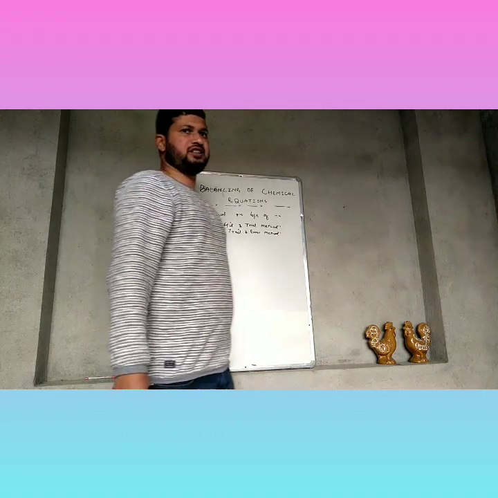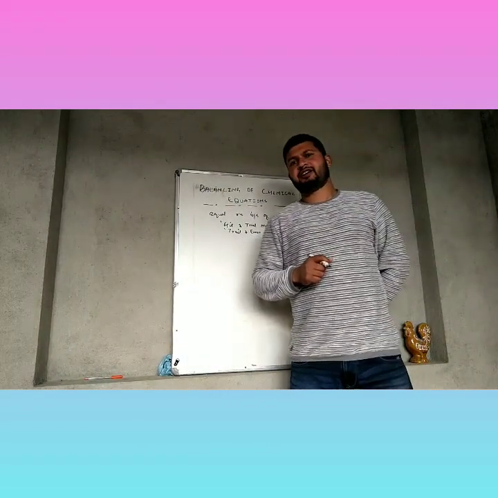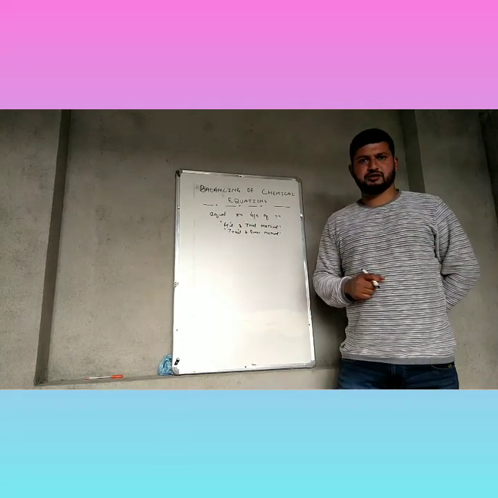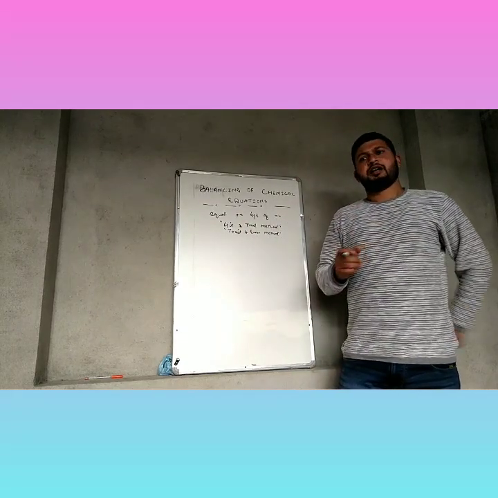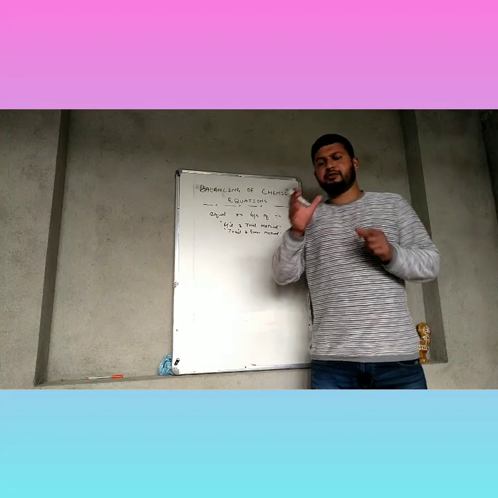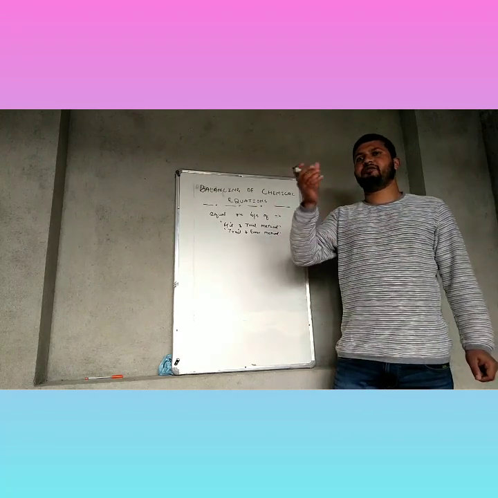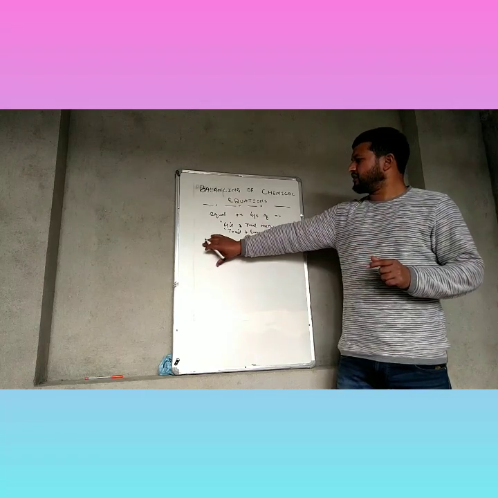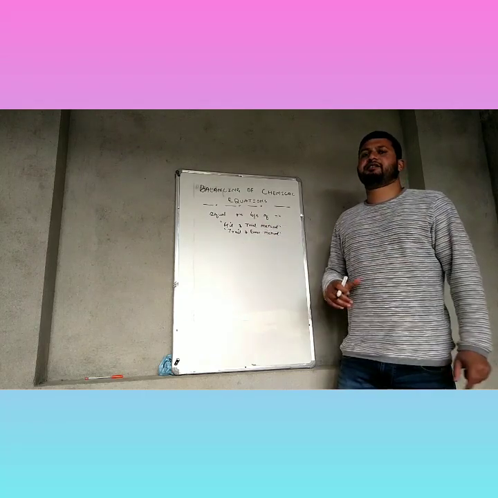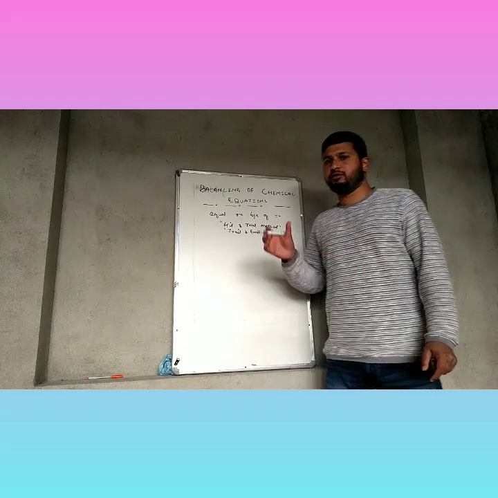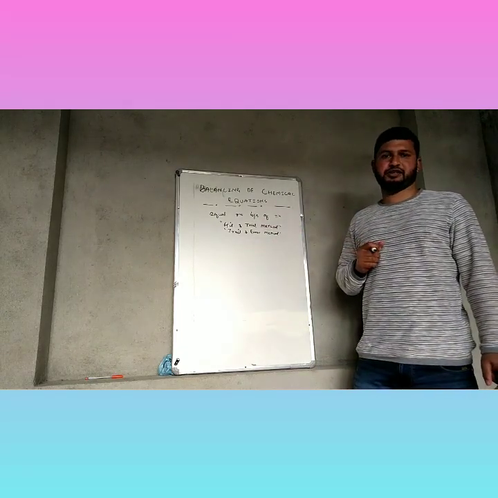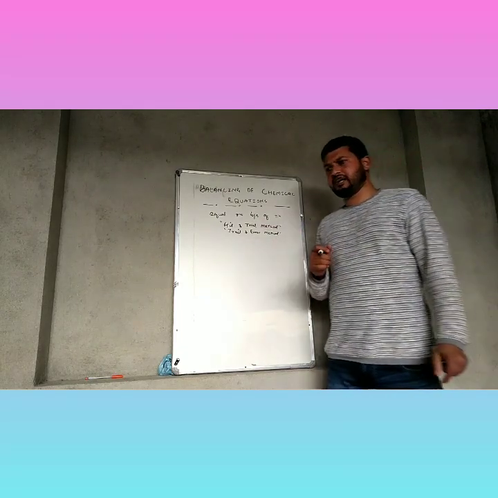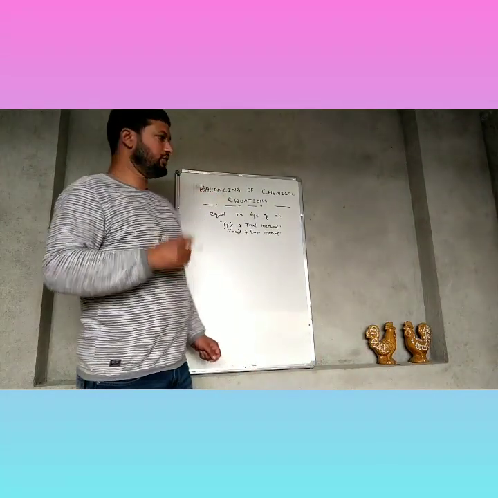Actually, in this method, the different atoms of the various elements present in the equation are multiplied by simple numbers like 2, 3, 4, and so on, in order to make the count of the different atoms equal on both sides of the equation.